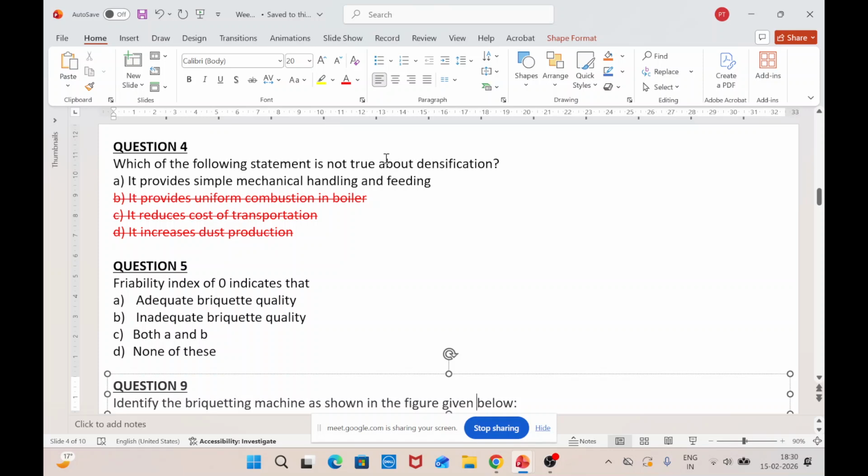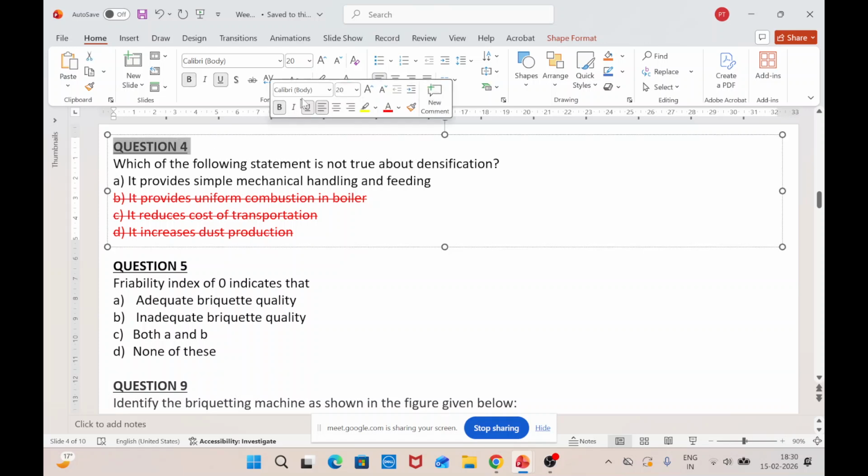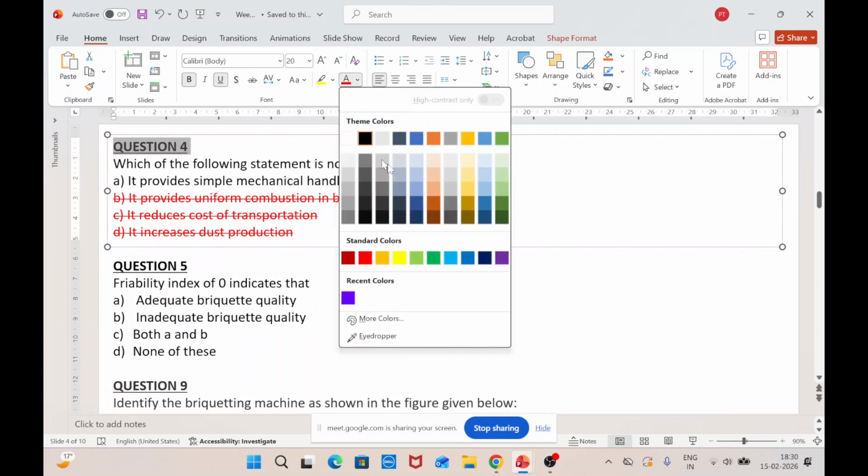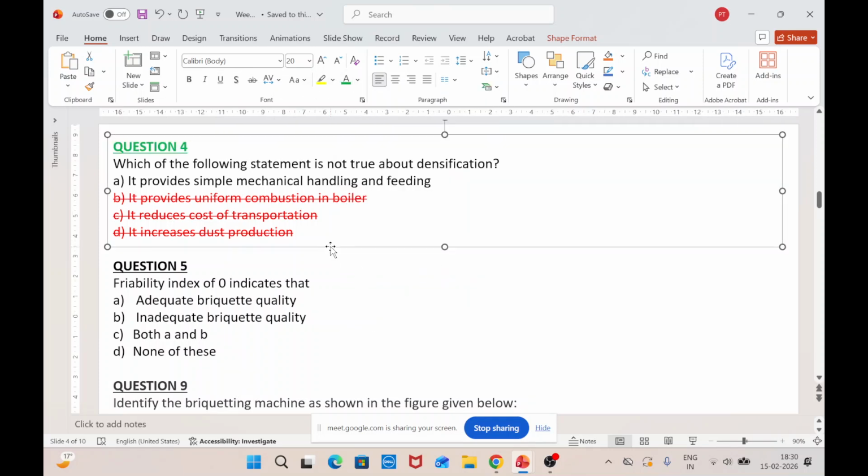Those may actually create difficulty. So, let's keep this question for the time being and discuss this, because I think it's not clear to many. Or does anyone have anything related to the answer? Option A is not true about densification.